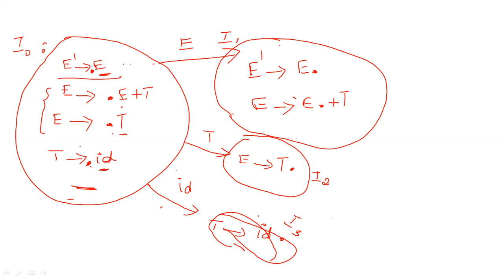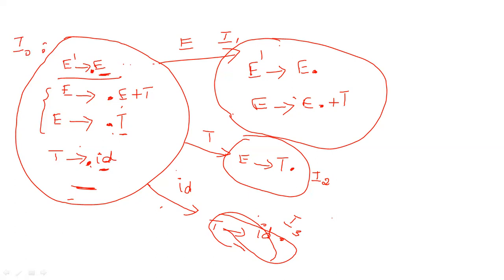For I0, we have given all the possible inputs, because after the dot there are three symbols: capital E, capital T, and ID. All the inputs have been given and we have transited to three new states, I1, I2, and I3. So I0 has been completed.